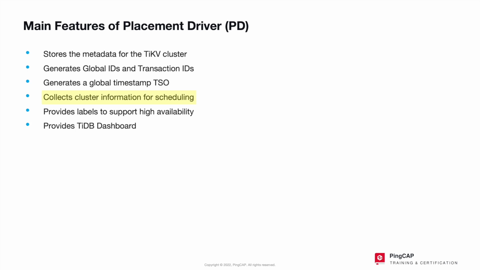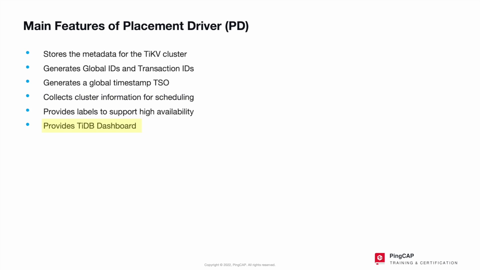Next, PD collects cluster information before scheduling. The TiKV node periodically reports the status of the cluster to PD. The PD is responsible for scheduling the region between TiKV nodes according to the relevant status. We will introduce details later. Finally, TiDB dashboard service is provided by the PD.